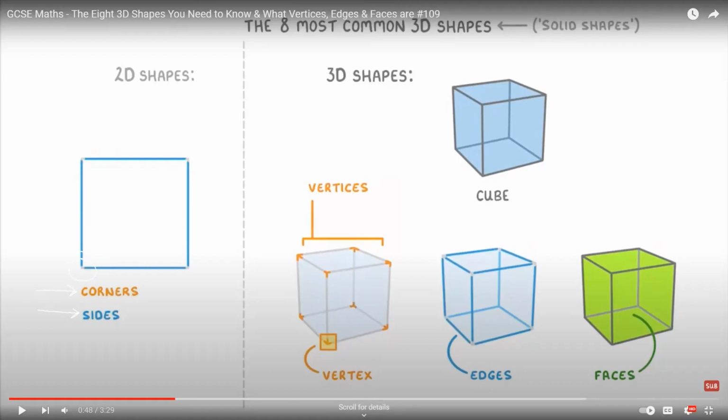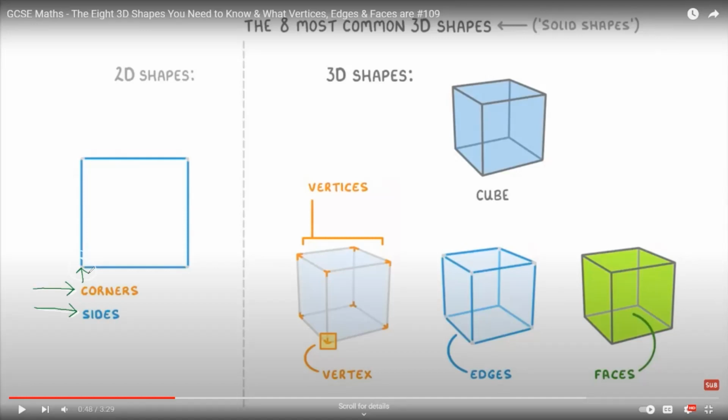So if we move from our two-dimensional shape that we can recognize based on corners and sides, and we move into the realm of three-dimensional space, what we call the corner on a polygon, what can we think of as the corner in 3D land?